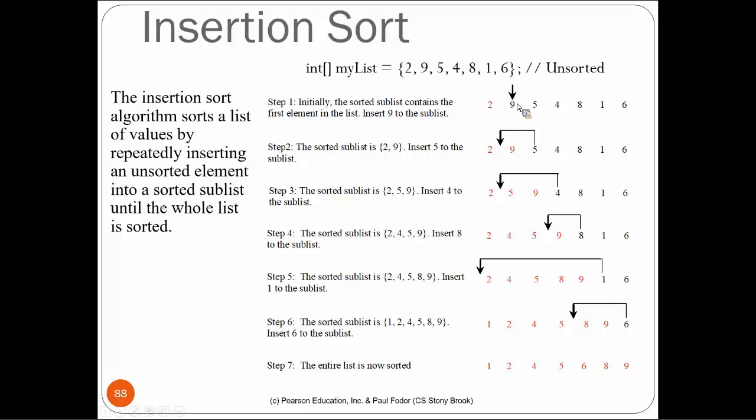If we have to insert 9 in the sorted prefix, it will be after 2. If we need to insert 5 in the sorted array 2, 9, it will be before 9 and after 2. Now we have the sorted array 2, 5, and 9. We need to insert 4 in sorted order in 2, 5, 9. So it will be before 5 and after 2.